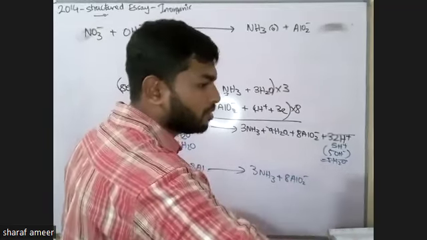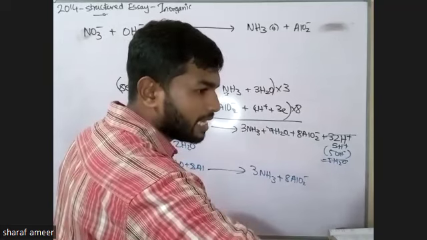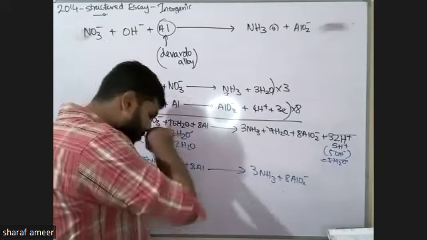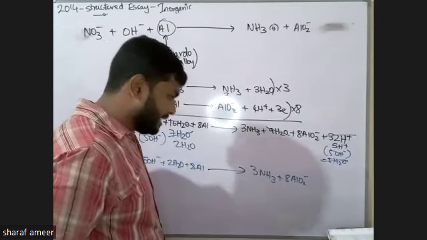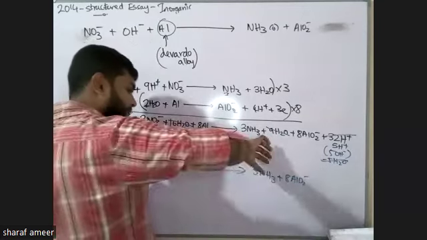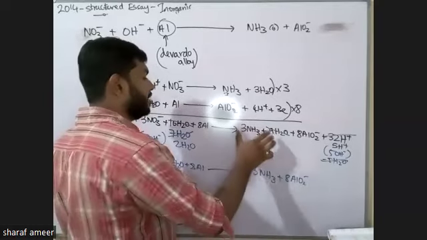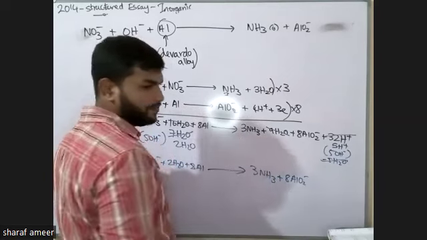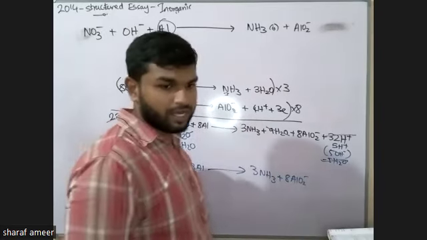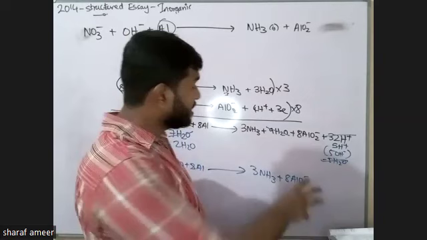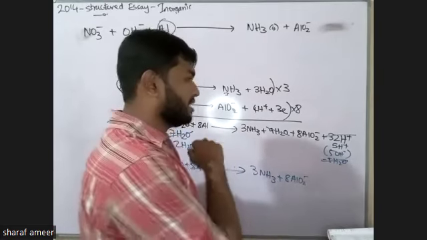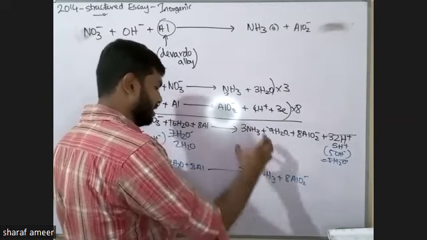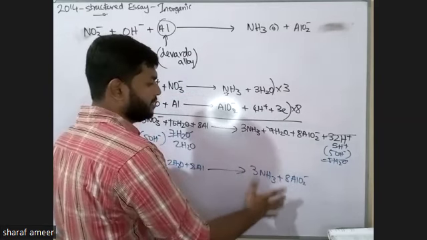So instead, you can hold a jar, like upward displacement of air, sorry, upward displacement, and collect the ammonia in a glass jar in this manner.